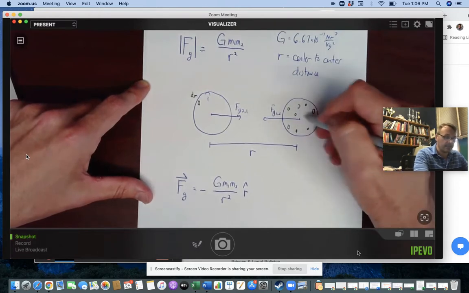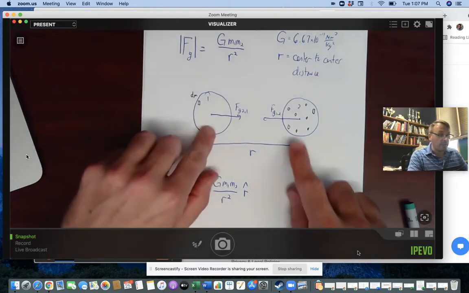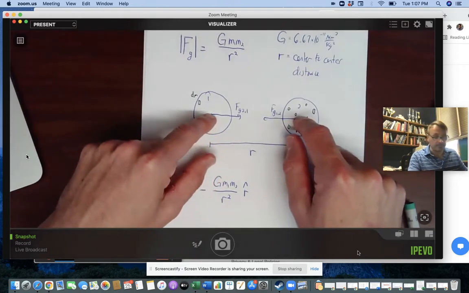Technically what we're doing is summing up an infinite number of little forces that come together to make the entire gravitational force. Or we can just pretend that they're point masses located at their center of mass, right?